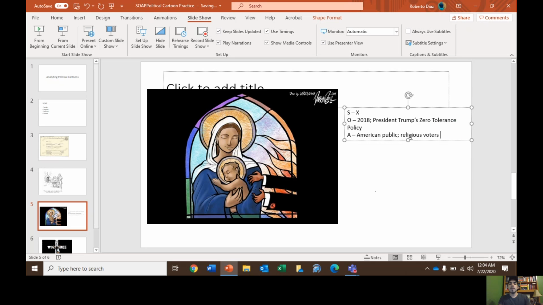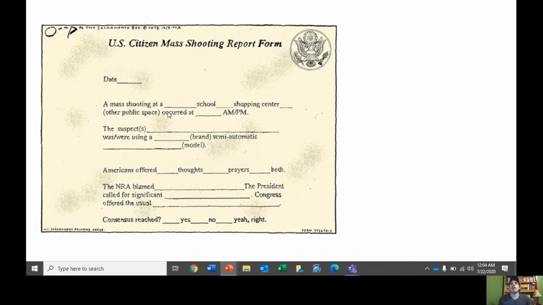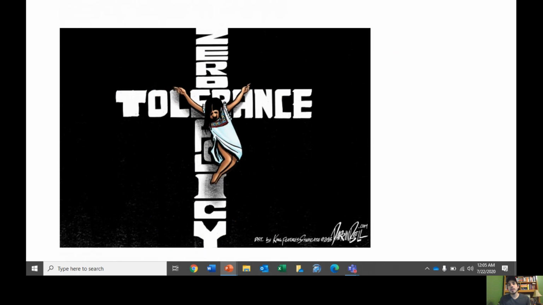We're going to be analyzing political cartoons on two subjects: gun violence, which is one of the major social problems that we identified and are going to be talking about for Unit 4, I think, and also President Trump's zero tolerance policy, which falls under the category of mistreatment of immigrants, which is another social problem that we identified that we are going to be tackling in Unit 3, both in Unit 3. So both those social problems will be tackled in Unit 3. Unit 4, I believe, is mass incarceration.